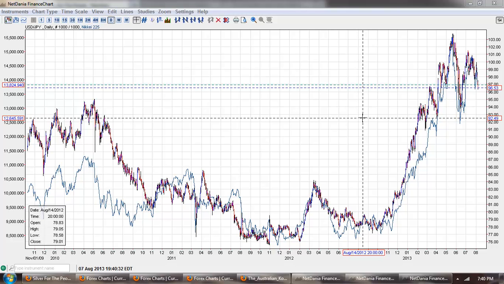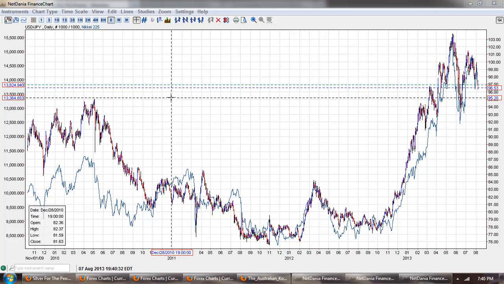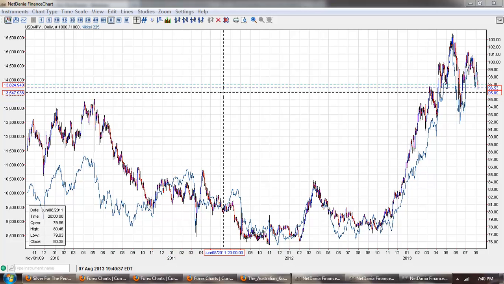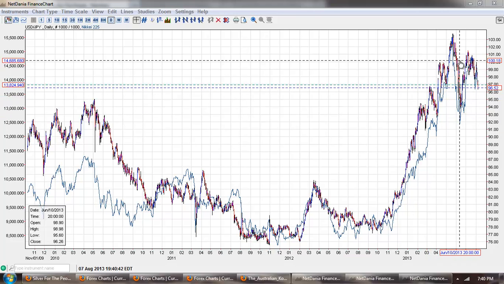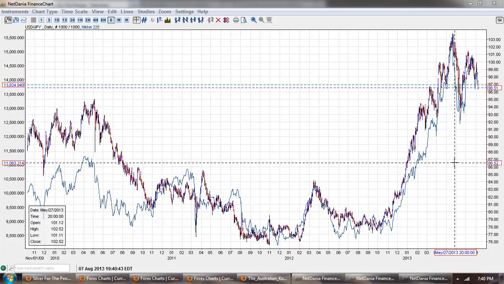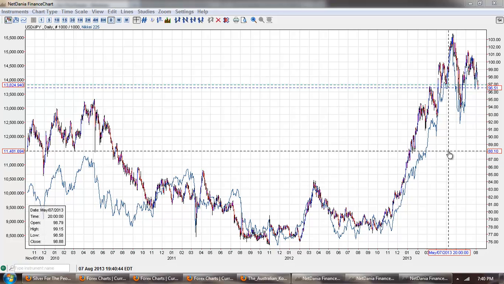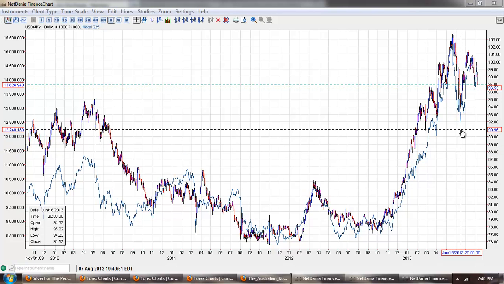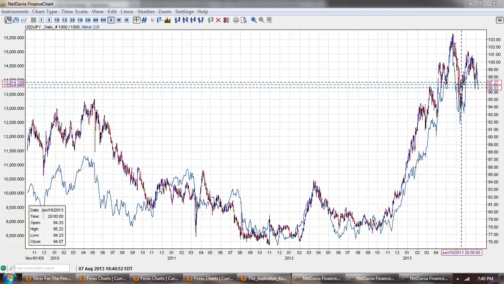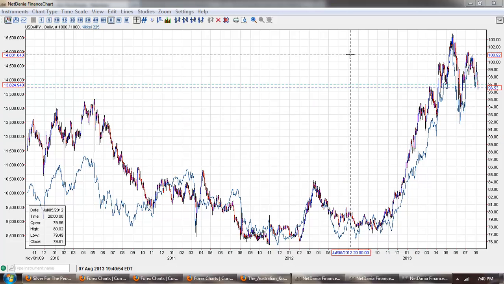With beta, a 1 means they move exactly in sync, and then the opposite end is they move completely divergent from each other. But you can see here that it's hard to even distinguish the lines of one from the other. Of course, the bar chart is going to be the US dollar yen, and then the line chart is the Nikkei.